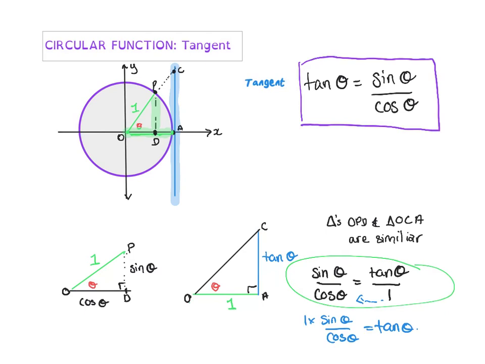Okay, now this is also, therefore, provided that cos theta doesn't equal 0, because remember we can't have a 0 on the bottom of a fraction. So if cos equals 0, we would say that tan is undefined.